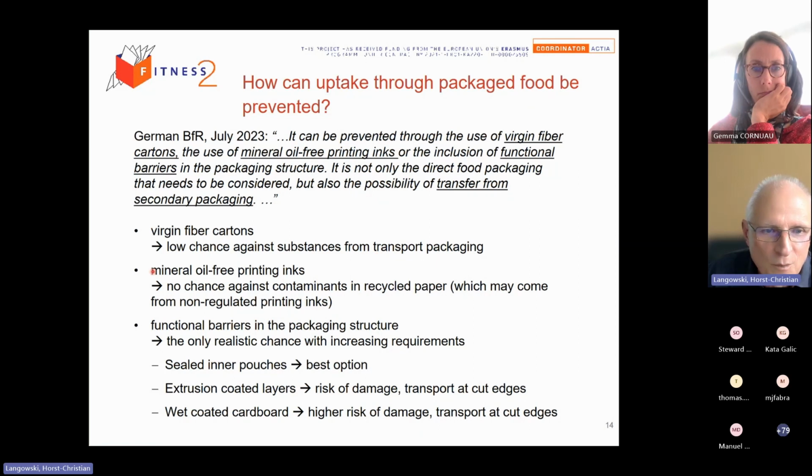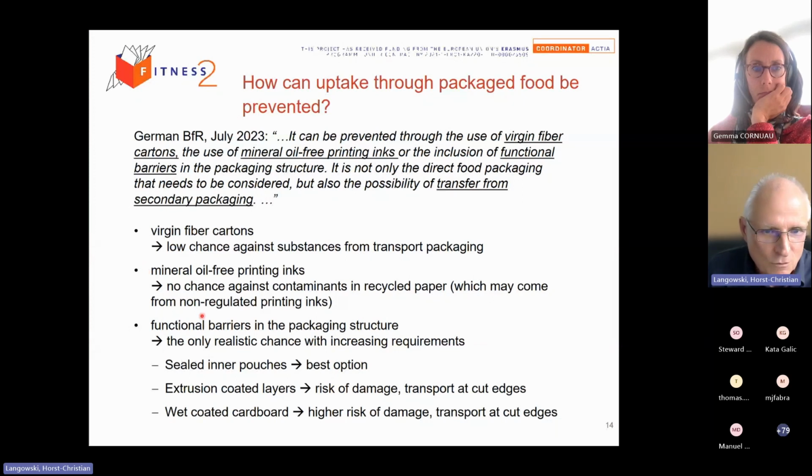Also, if you think about mineral oil-free printing inks for food packaging, this is good, but it does not help against the mineral oil residues from the recycled paper in the transport packagings.